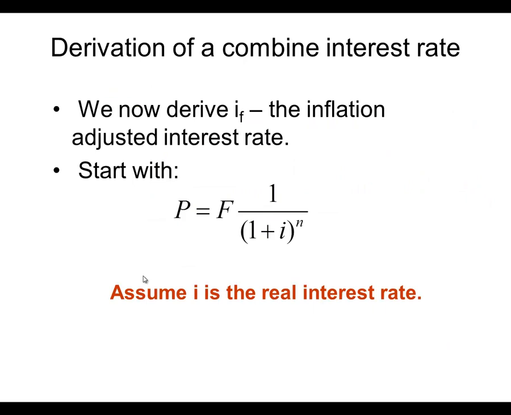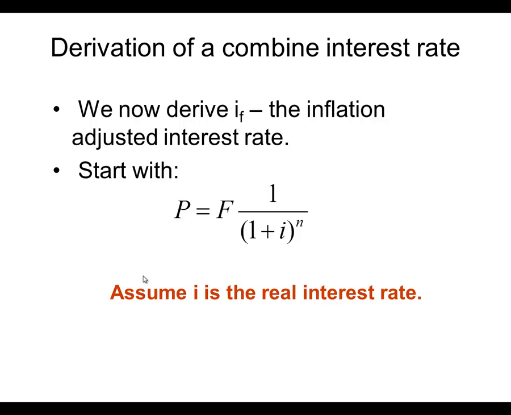How did we solve a problem like that? Let's try again, but first let's find a combined interest rate that will combine inflation and real interest rate. In other words, we are trying to find the value of i_f, which is the inflation-adjusted interest rate.